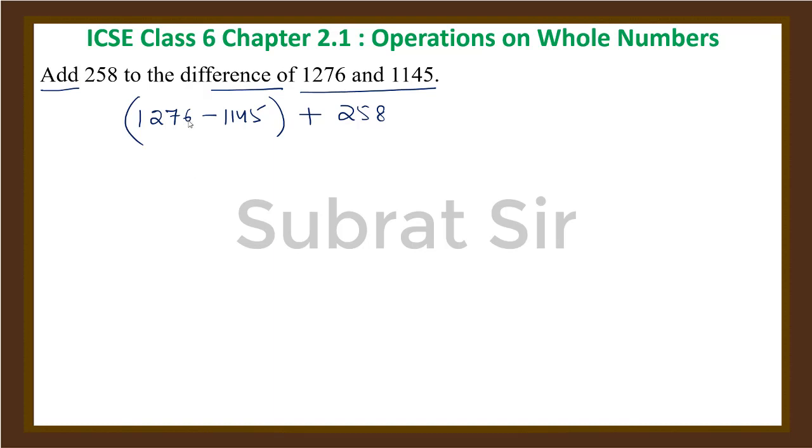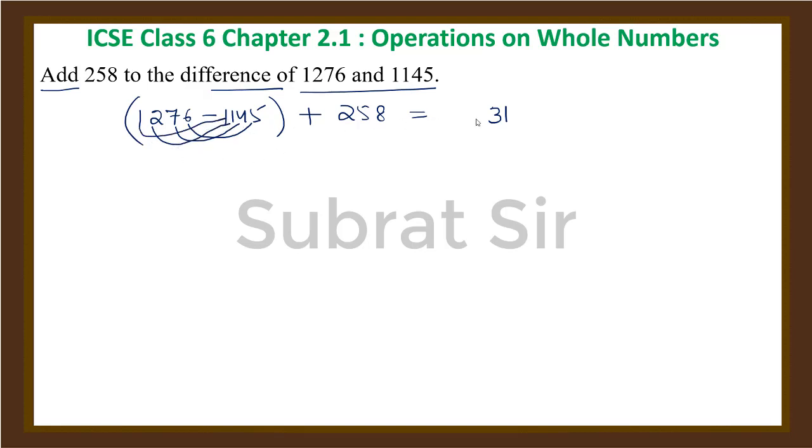Both are 4-digit numbers, so directly we will do 6 minus 5, 1, 7 minus 4, 3. From this number, unit place to unit place, tens place to tens place, hundreds place to hundreds place, we will subtract like this.